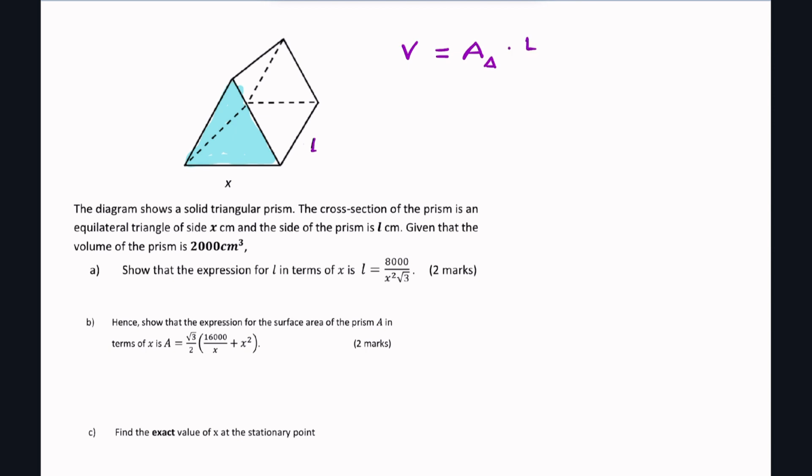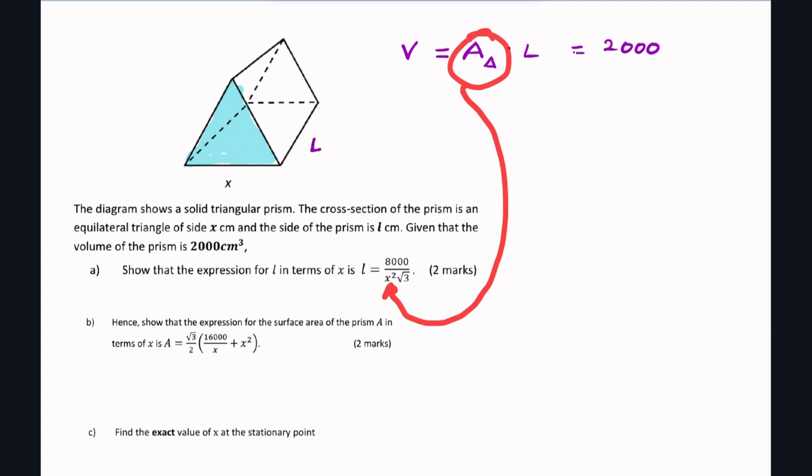This is the length, and this is what we're trying to find, an expression for the length. We know that this volume is equal to 2000. So that's our starting point. Now we need to rewrite A in terms of x.